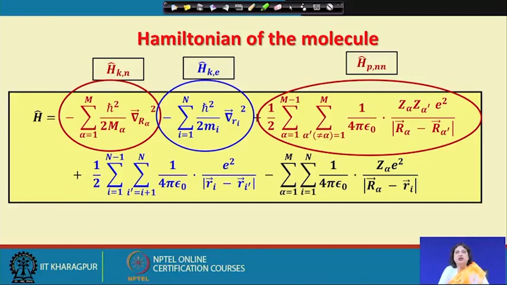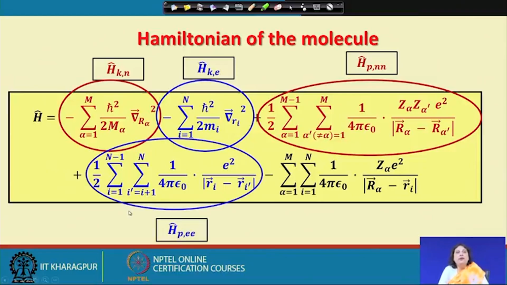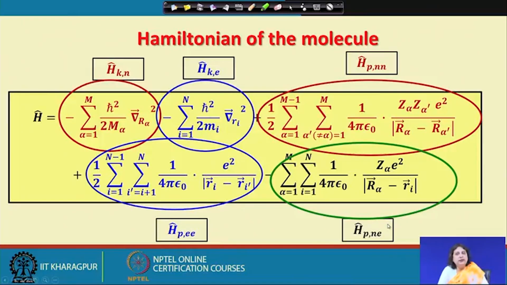So, this is the potential energy term for the interaction between the different nuclei present in the system, and this is the term where you have the interaction between the different electrons present in the system. And finally, I have one term which represents the interaction between the nucleus having the charge Z alpha times e and an electron having the charge minus e, and they are located at these two positions.